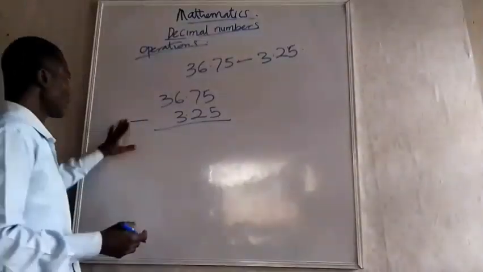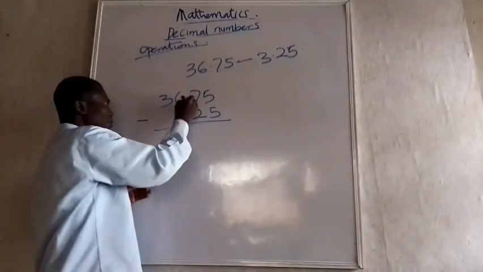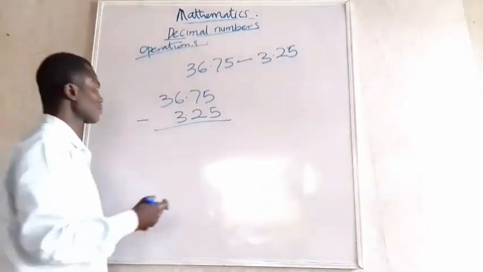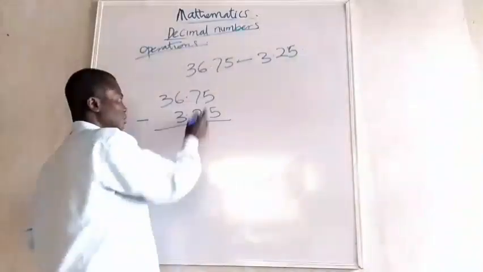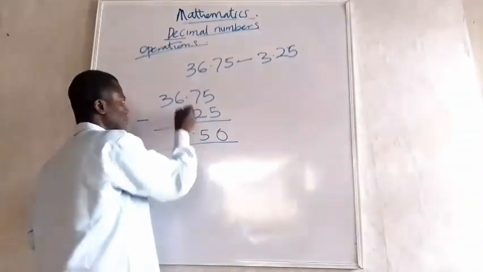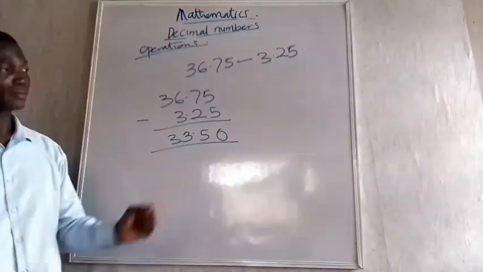But it's good at least to remind ourselves about the principle of handling this. I have arranged it in such a way that the points are on top of each other. So what do I do next? I just do the normal arithmetic. 5 in 5, 0. 2 in 7, 5. 3 in 6, 3, and 3. So that's the answer.